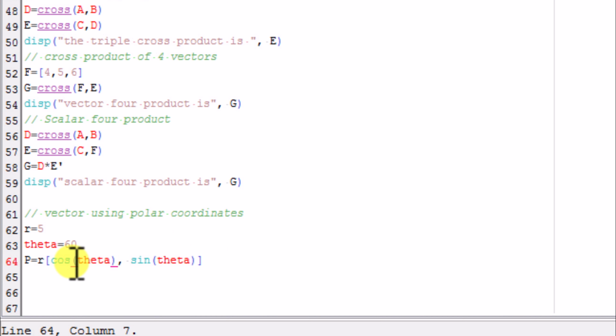If I write only cos and sin, it will treat theta as radians, but here theta is given in degrees, so I will write cosd and sind, so it will treat theta as degrees. Now I will display the vector p on the console: "the vector p is", comma p, and let us see the output.